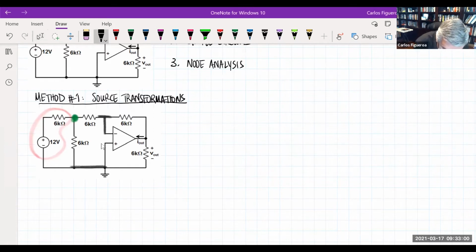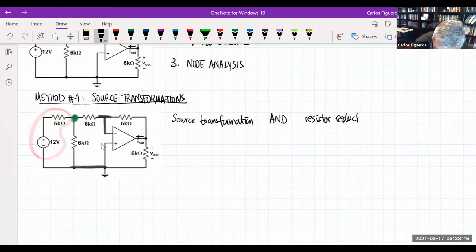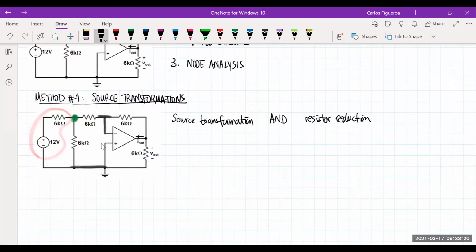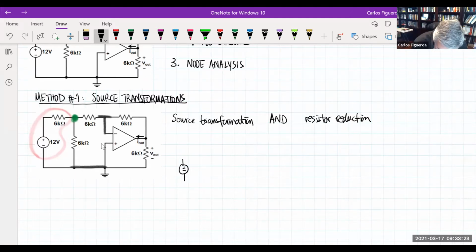If I do a source transformation and a resistor reduction, what do I see here? Well, I'm going to convert this into a current source.